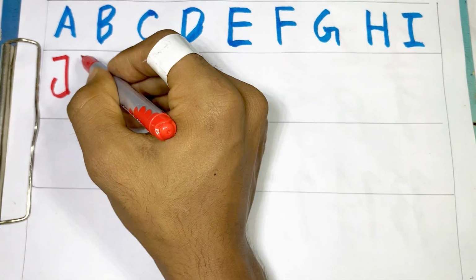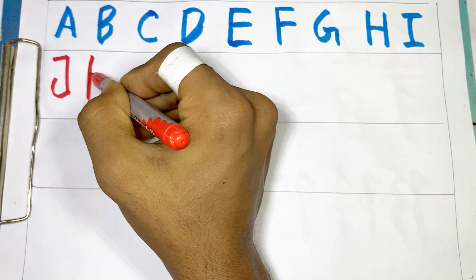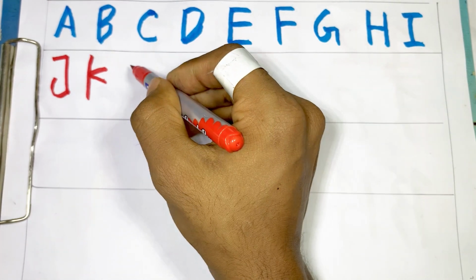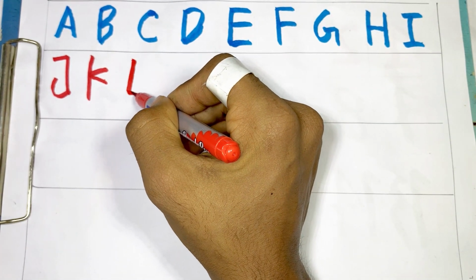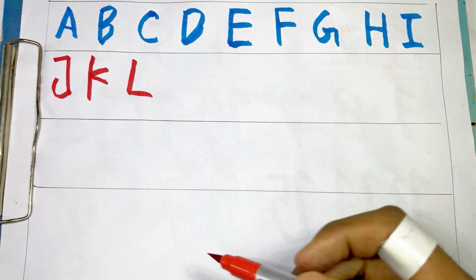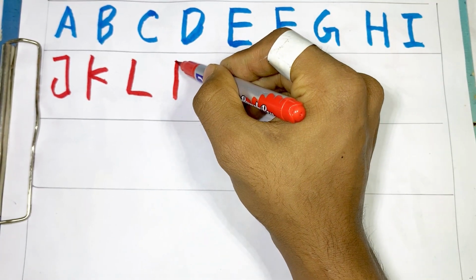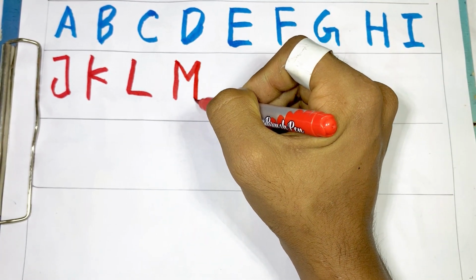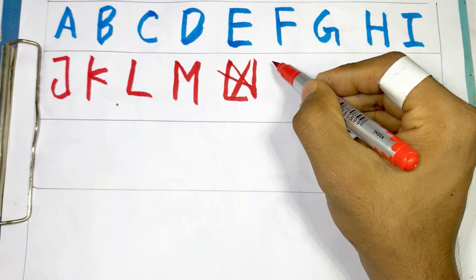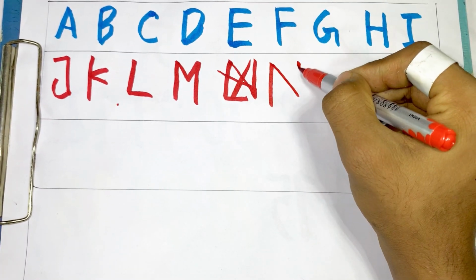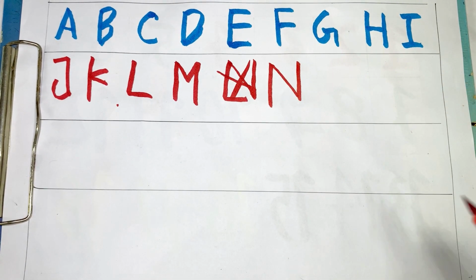J for joker. K for king. L for lion. M for moon. N for nose.